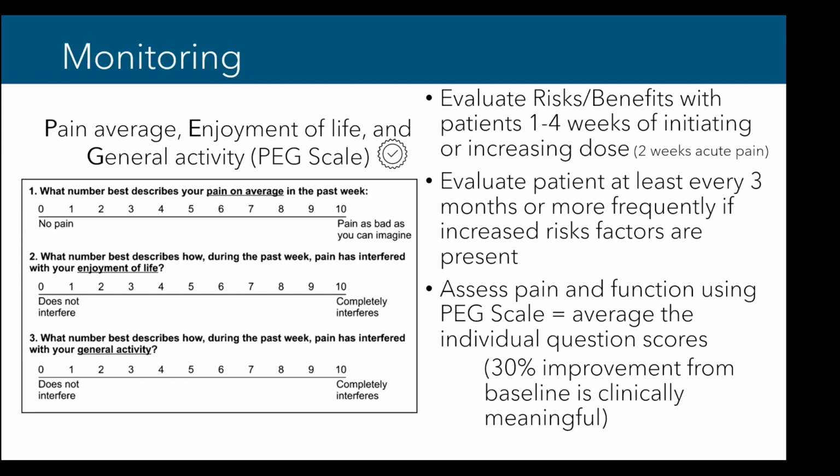During this visit, we want to ensure that we're evaluating the established goals of opioid therapy by assessing pain and function. And here I've included an image of the Pain, Enjoyment of Life and General Activity scale, or PEG scale for short. And by completing this scale, we can see meaningful improvements in pain levels. And I have linked that to the toolkit as well.